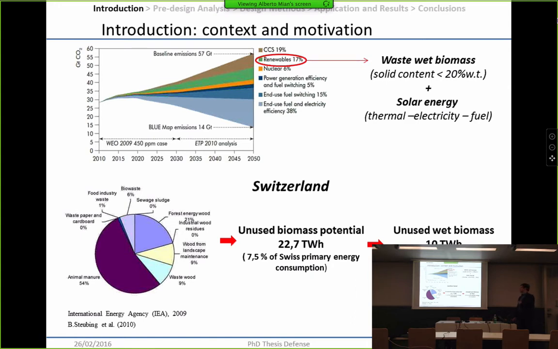So in my thesis, the idea was to have a look in particular at energy conversion technologies that are able to convert this feedstock to fuels, electricity, gas, and heat, and to include solar energy in the design.